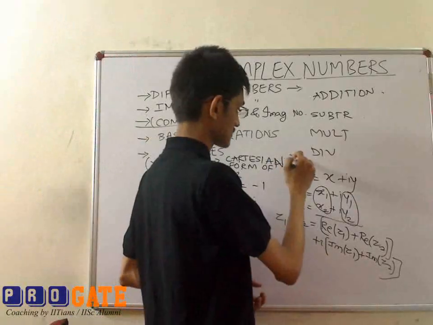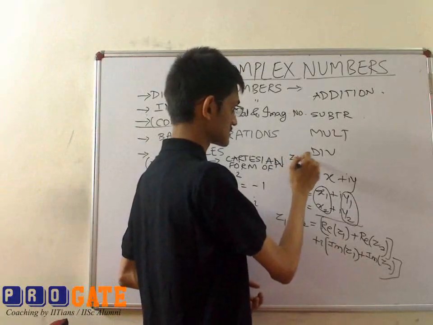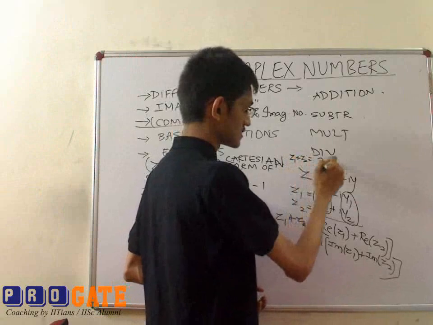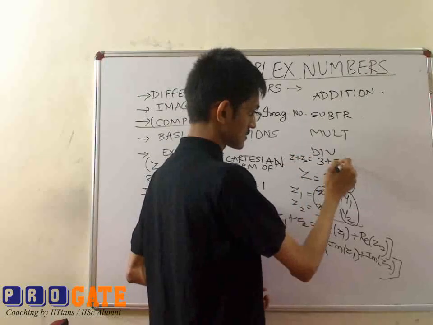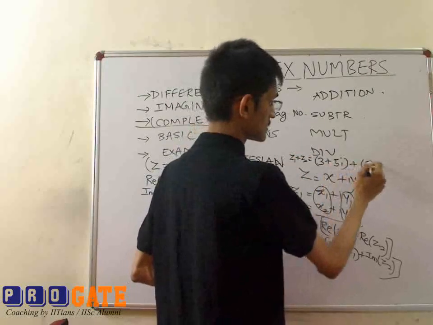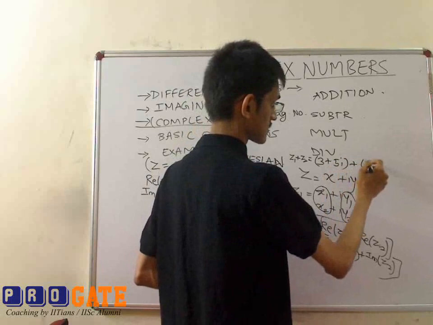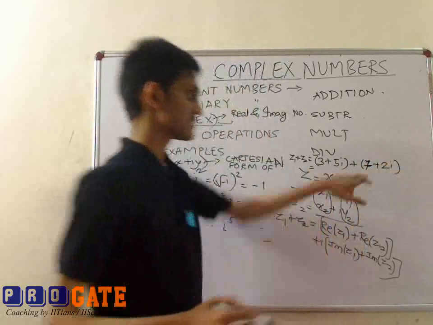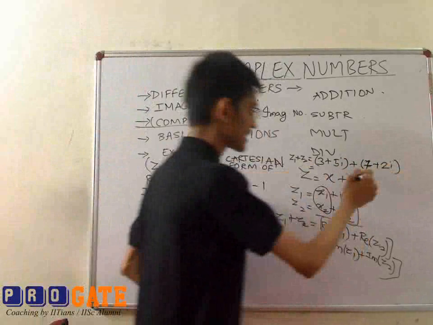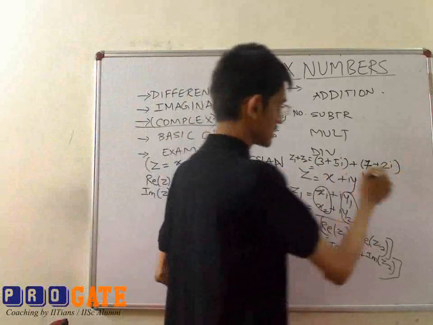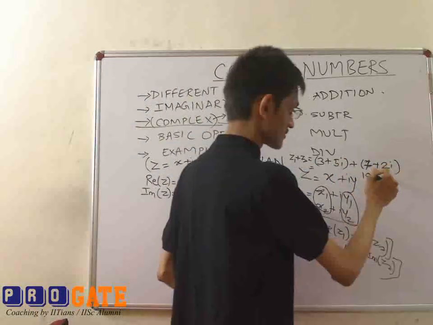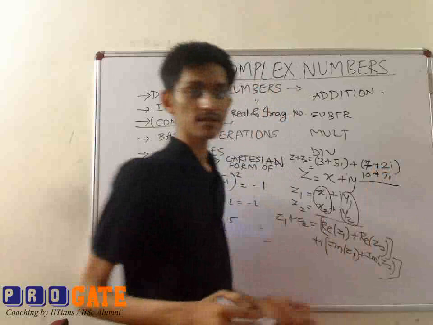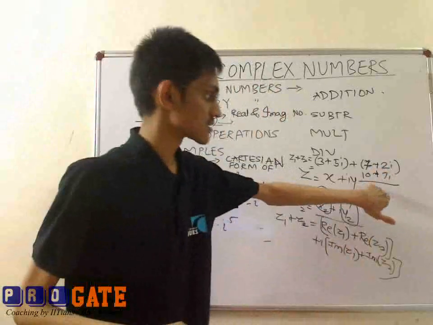So if you take the example of z1 plus z2 to be 3 plus 5i plus 7 plus 2i. The answer would be add the real parts. So 3 and 7 would get added, give you 10, and 5 and 2 added give you 7. So addition of two complex numbers will give you a complex number.